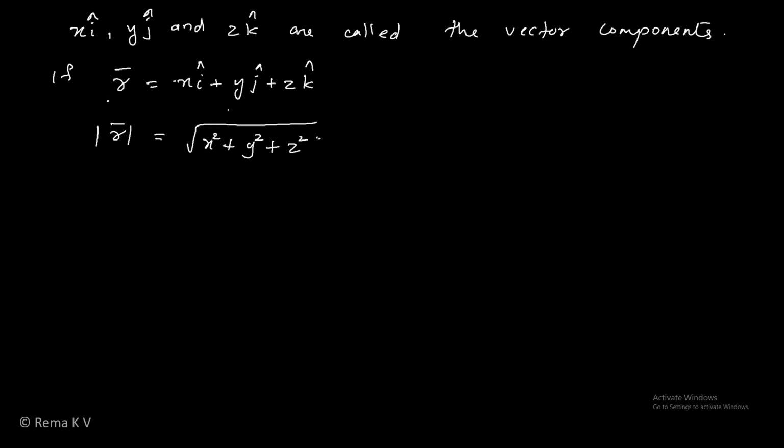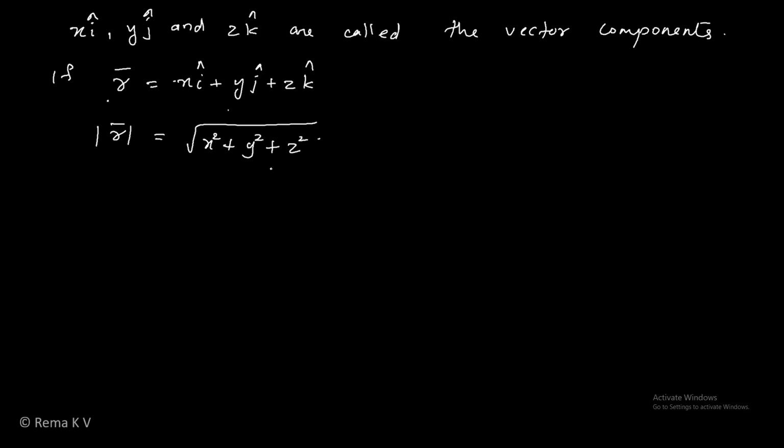This is a very important topic in vector algebra. The component form of a vector is xi plus yj plus zk, where i, j and k are the unit vectors along x-axis, y-axis and z-axis.